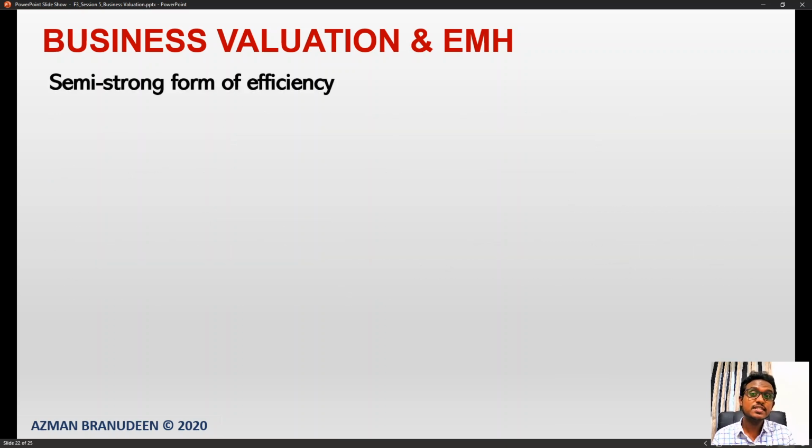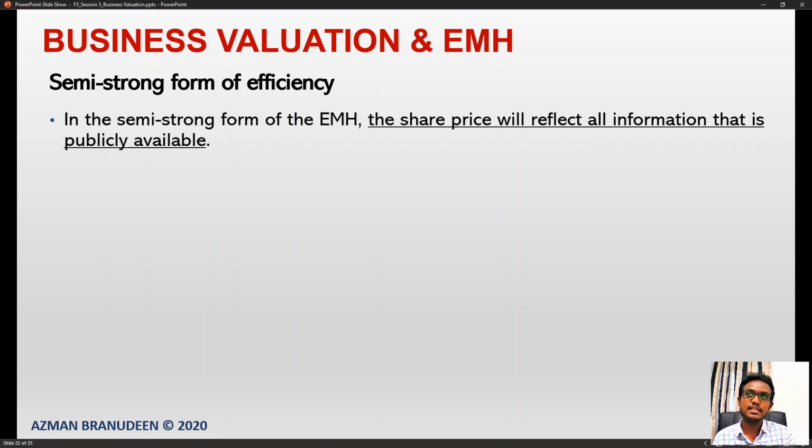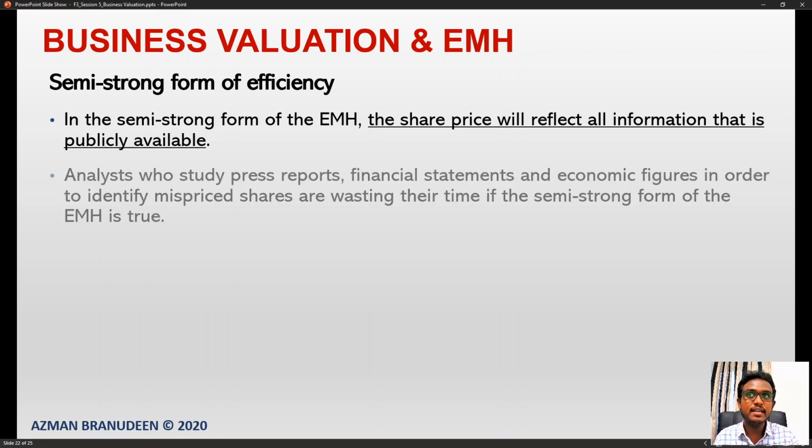But there is also the semi-strong form of efficiency. In the semi-strong form of the EMH, the share price will reflect all information that is publicly available. Not only the past, but in addition to that, all the information that is publicly available.